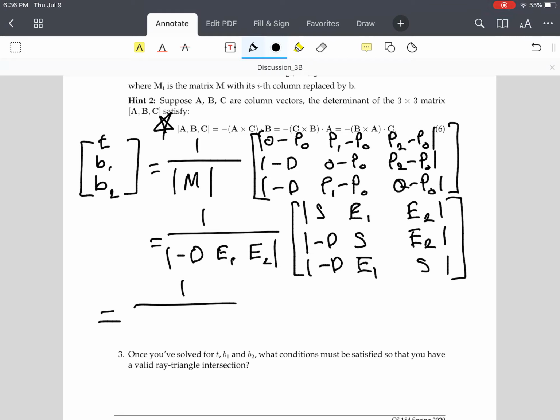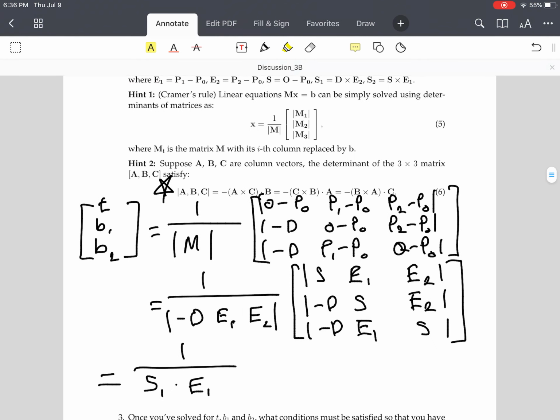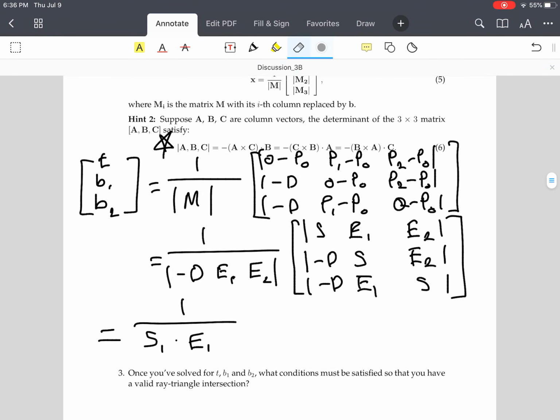Okay, so if we plug it into equation 6, what we're going to get, and this requires a little bit of manipulation, so I'm just going to go through it, is S1 dot E1, okay, and we do this by plugging this in. So we'd get negative times negative D cross E2 dot E1, and then that's going to turn into, here I can just try to write it out. Okay, so this is going to be negative D cross E2 dot E1.